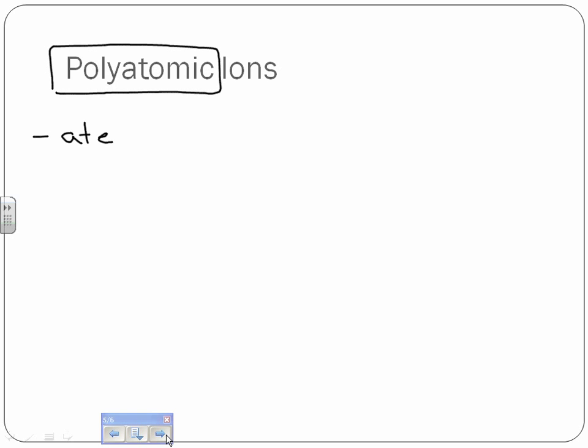Now, if you're looking at the polyatomic ions, there's only one cation on that list. And this one, you just kind of have to commit to memory. Its formula is NH4 with a positive charge, and its name is ammonium.